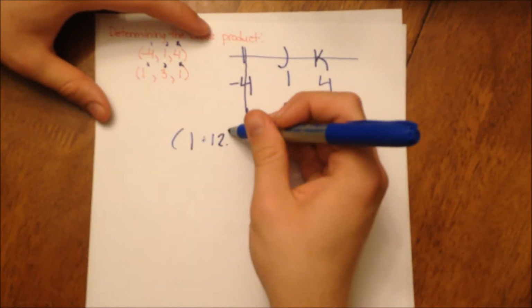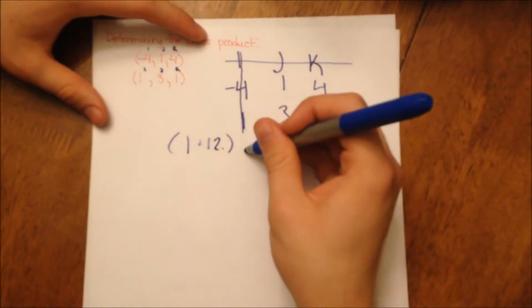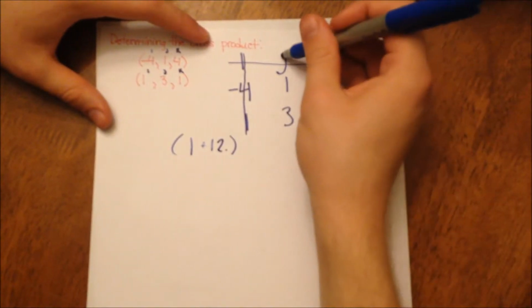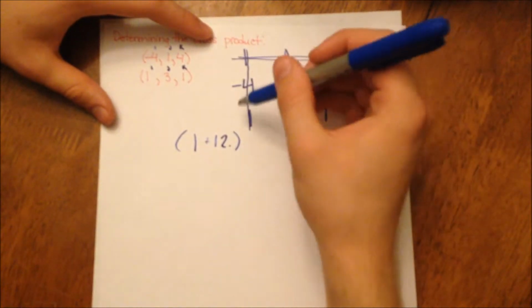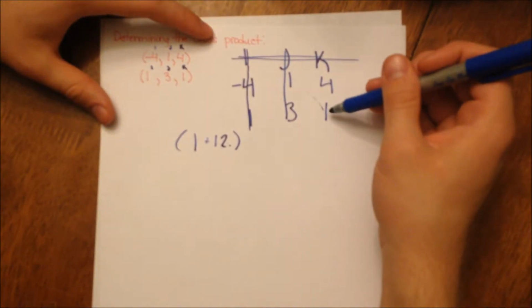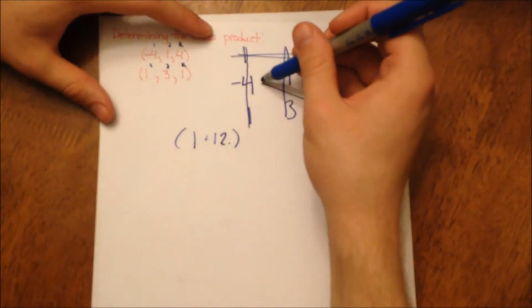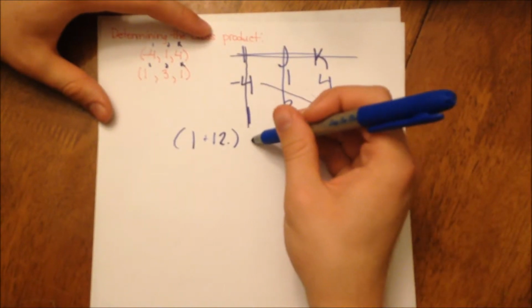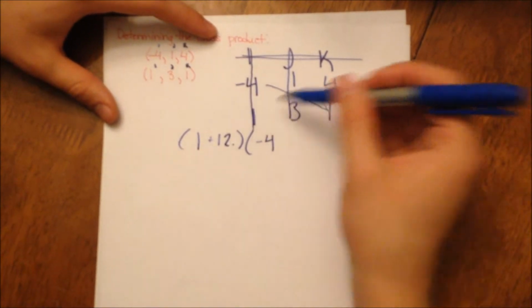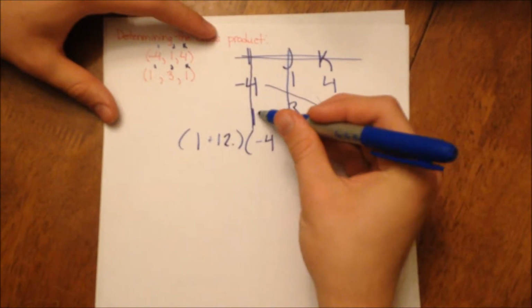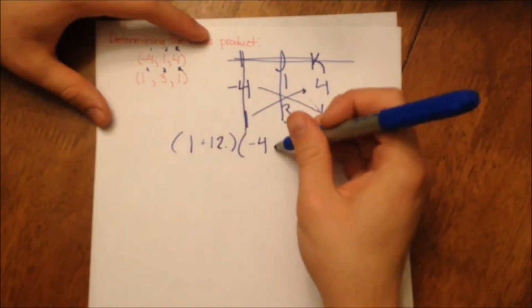Alright, so that's your first set of points. And then you're going to do the same thing. You're going to draw a line through this one, and then you're going to want this number right here, this set. So you're going to take 1 and multiply it by this negative 4 over here. So then you get negative 4, and then take the same thing. You're going to get this 1 and multiply that to this 4 over here.